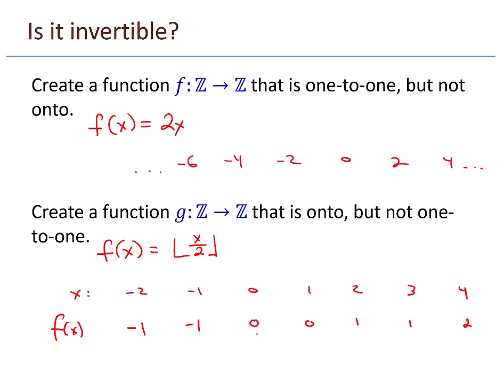So -1, -1, 0, 0, 1, 1, 2, 2, 3, 3, 4, 4. You could actually call this a 2-to-1 function, because everything in the codomain is the result of 2 distinct elements from the domain.